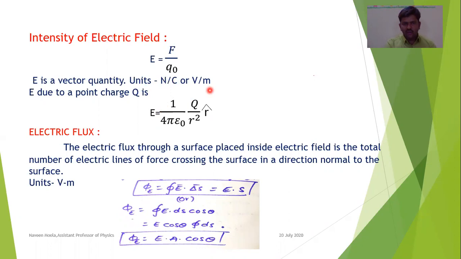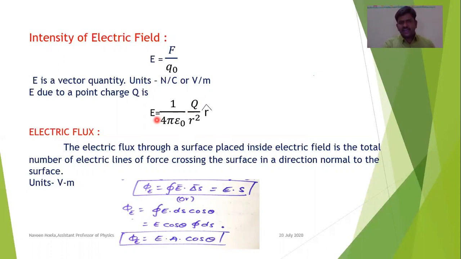So if we have a case of electric dipole, plus Q and minus Q, two charges placed apart, then we need to calculate electric field intensity on the axial line or on the perpendicular bisector. In this case, we calculate electric field intensity due to plus Q and due to minus Q using this formula, and then we use vector addition law, because electric field intensity is a vector.